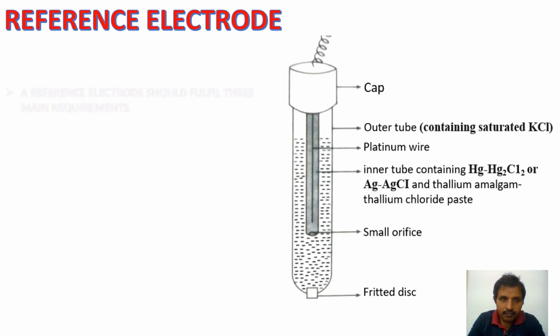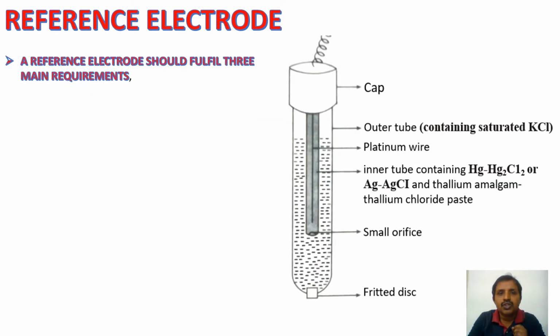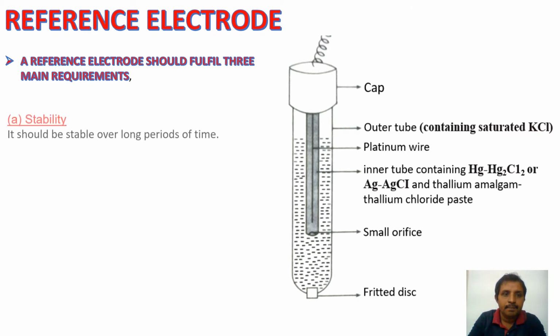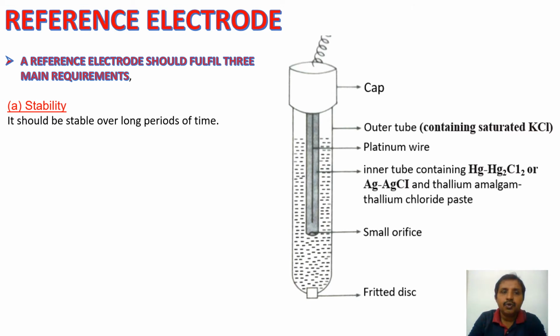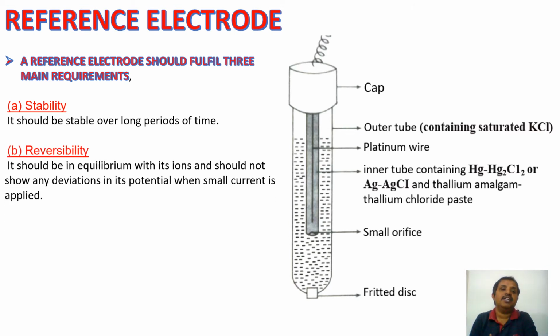Now, the reference electrode should fulfill three important requirements. Stability: it should be stable over a long period of time. The potential should be stable over a long period of time. Reversibility: it should be in equilibrium with its ions, and should not show any deviation in its potential when a small current is applied.